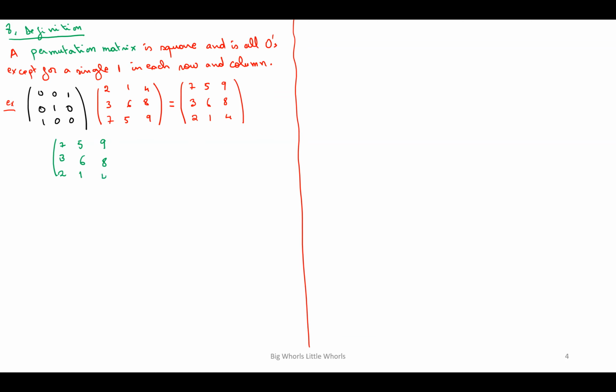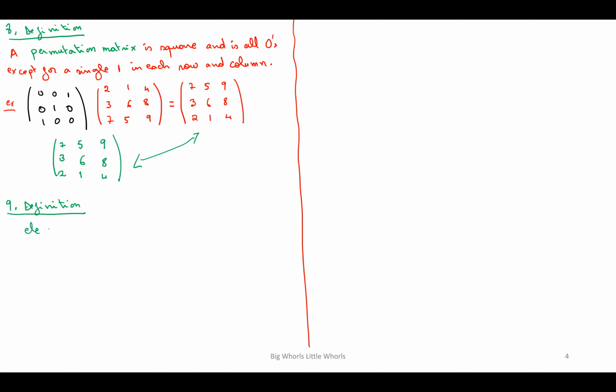Okay, so the elementary reduction matrices, if you remember in chapter 1, Gauss's method.